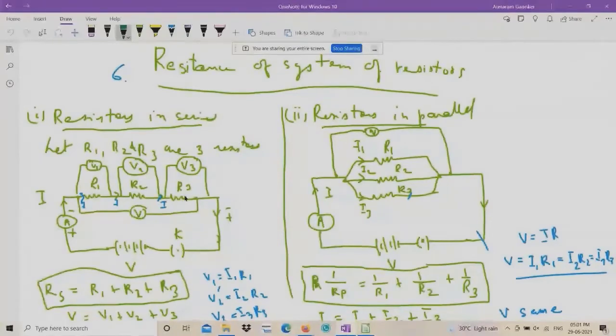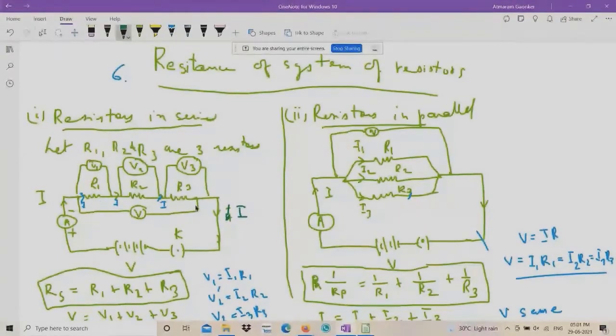So R1, R2, R3, these are resistances in series, and this is nothing but a circuit. An ammeter is connected to measure the current, and this is a cell or a battery. This is a key which is closed, and the current I is flowing in the entire circuit. We assume it is I. The direction of current is as shown by the arrow.